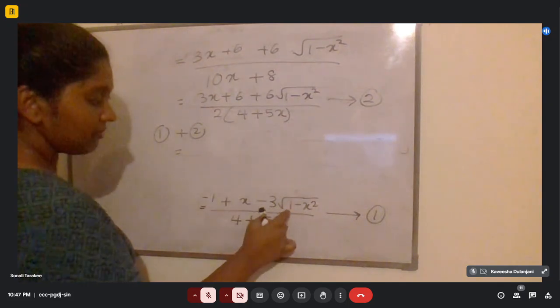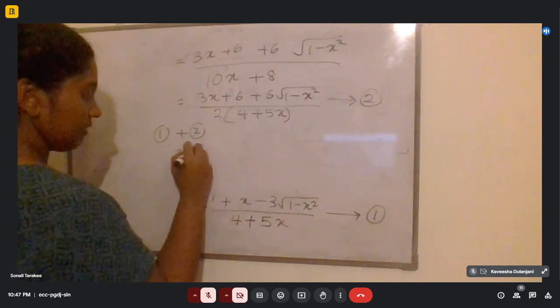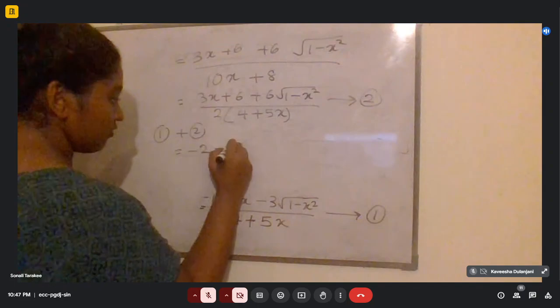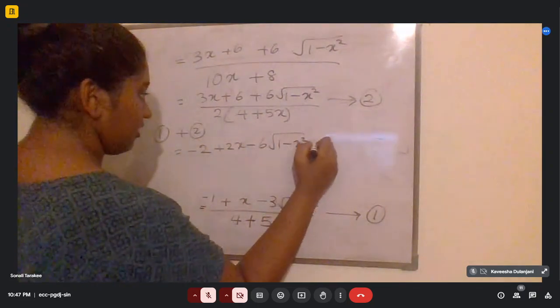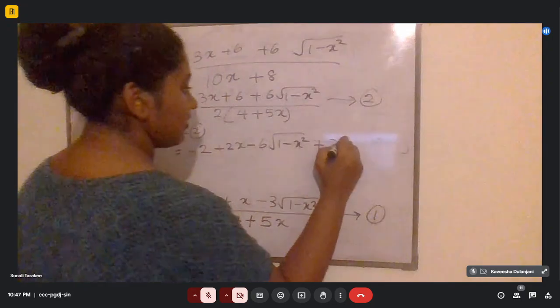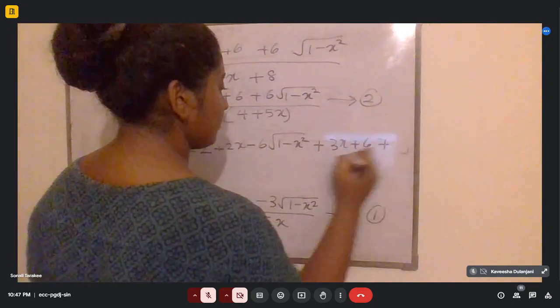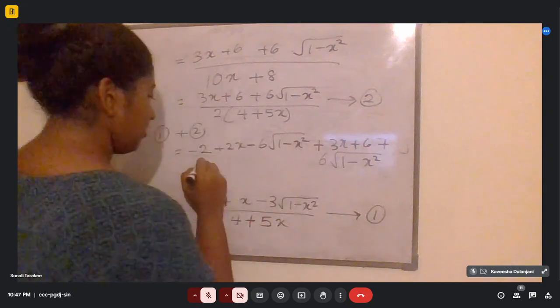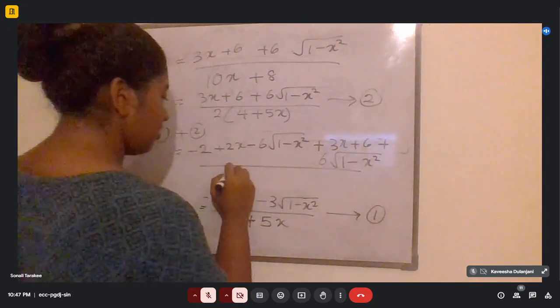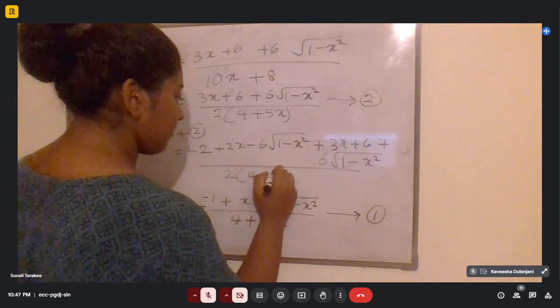Then this should be multiplied by 2. Then you get minus 2 plus 2x minus 6 times square root of (1 minus x squared) plus 3x plus 6 times square root of (1 minus x squared) over 2 times (4 plus 5x).